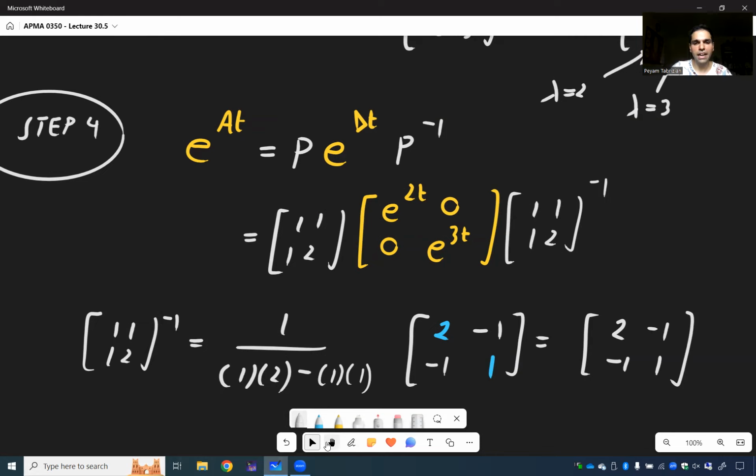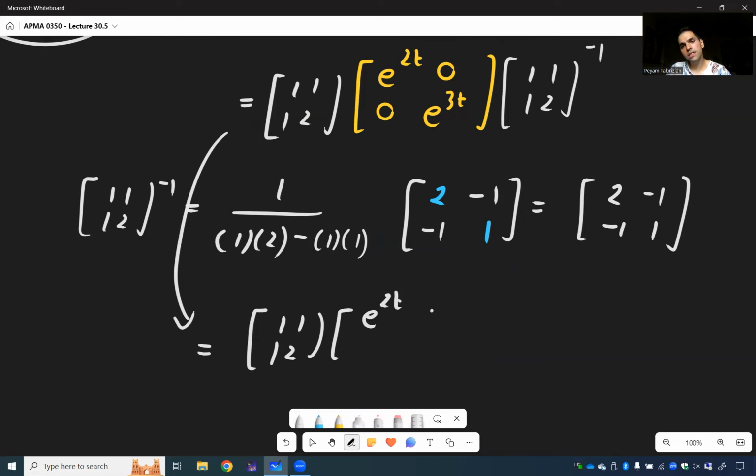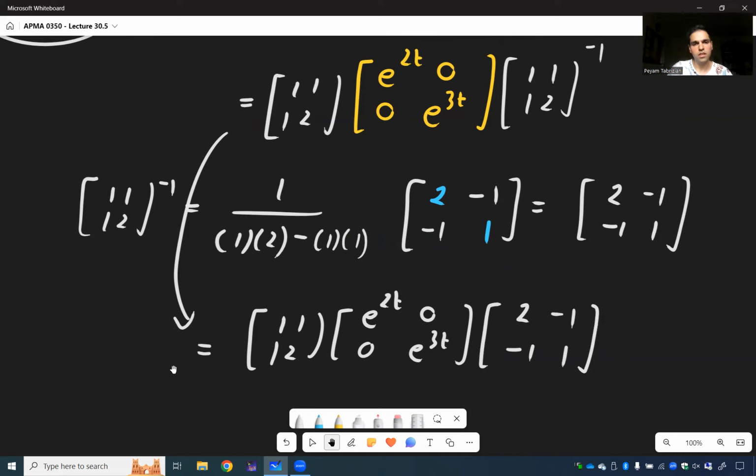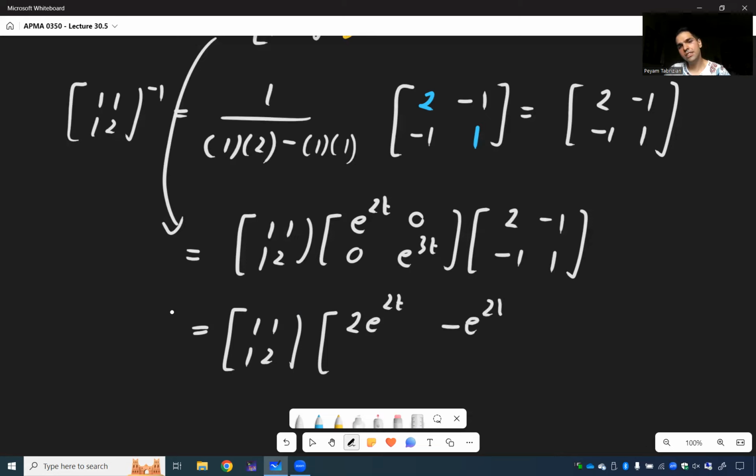So going back to our matrix exponential, we get [1, 1; 1, 2], then [e to the 2t, 0; 0, e to the 3t], and then [2, -1; -1, 1]. So you multiply the first row by e to the 2t: 2e to the 2t, minus e to the 2t, minus e to the 3t, and then e to the 3t.